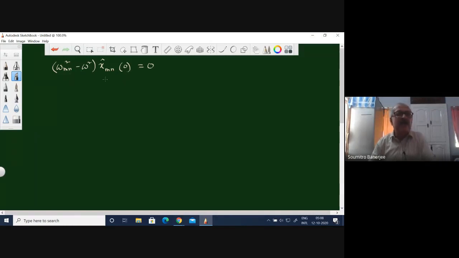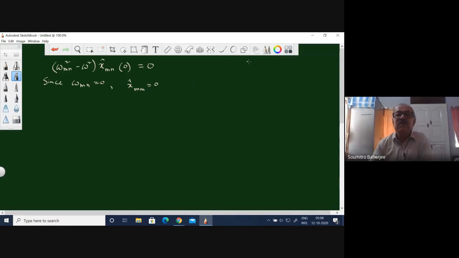And for the conditions when we know that this is not 0, this definitely will be 0. So, for example, what is the transition frequency of m to m? Obviously 0. So, if this is 0, this is not 0, then this must be 0. So that immediately gives us the conclusion that since omega mm is 0, therefore x mm should be equal to 0. So all the diagonal elements should be 0.